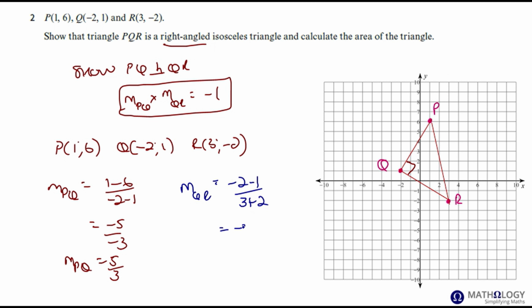That's going to be minus 3 over 5. Now the gradient of PQ times the gradient of QR equals 5 over 3 times minus 3 over 5, which equals negative 1, and therefore we can say that PQ is perpendicular to QR, and therefore PQR is right angled.